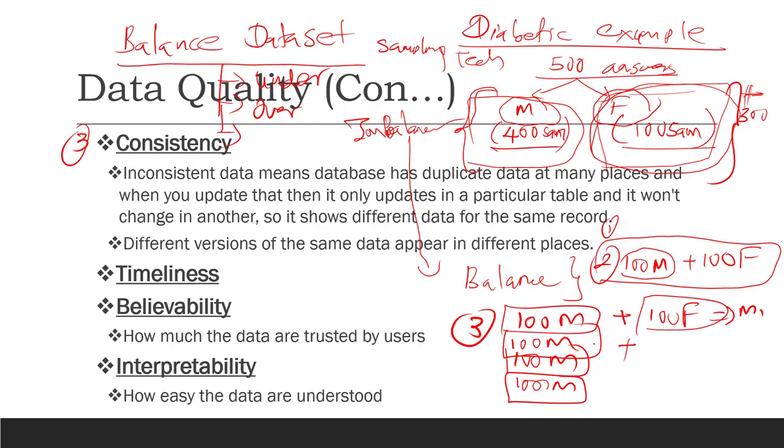Similarly, using the second 100 male records and the same 100 female records, you develop model 2. Then model 3, then model 4. Now you have 4 models.